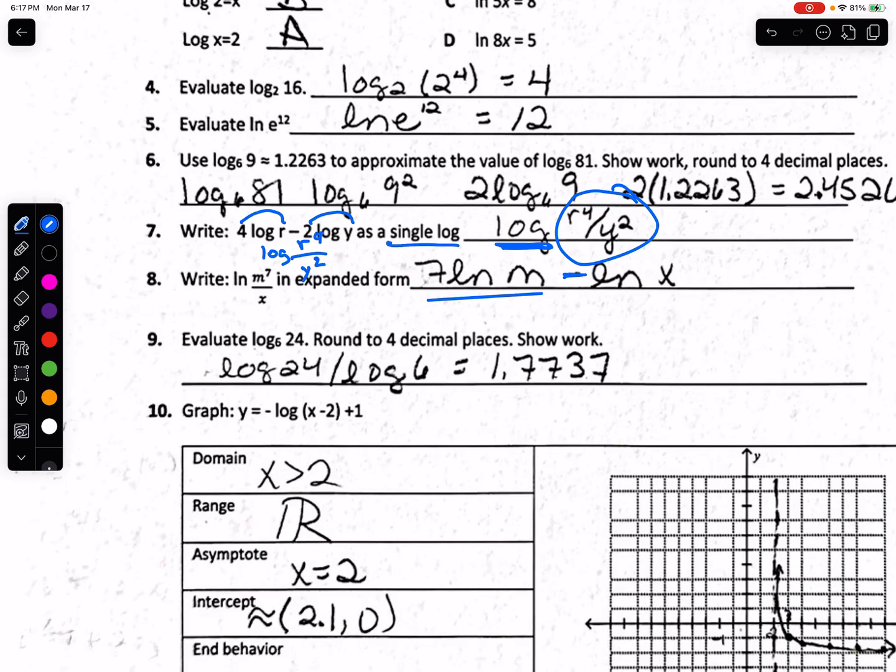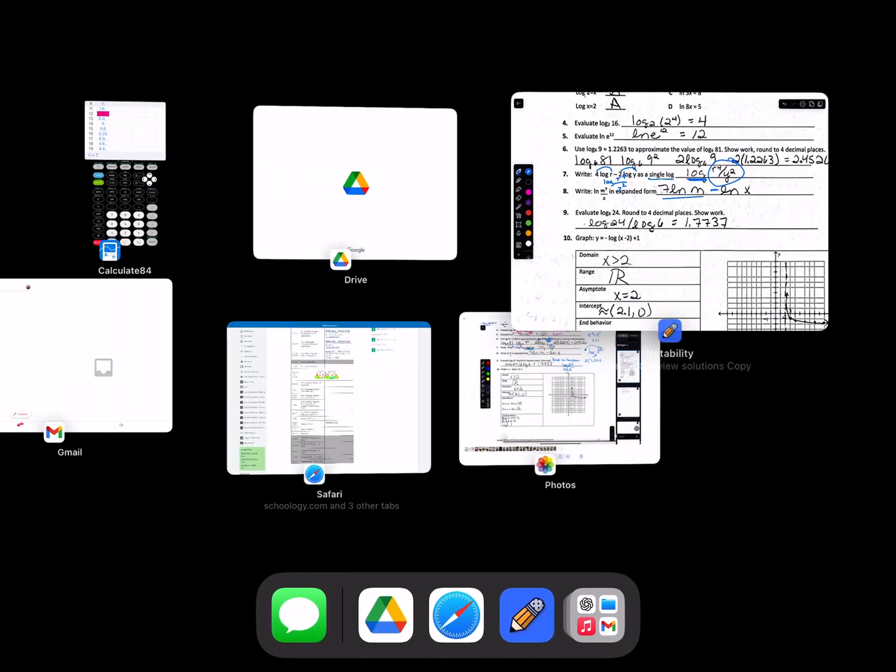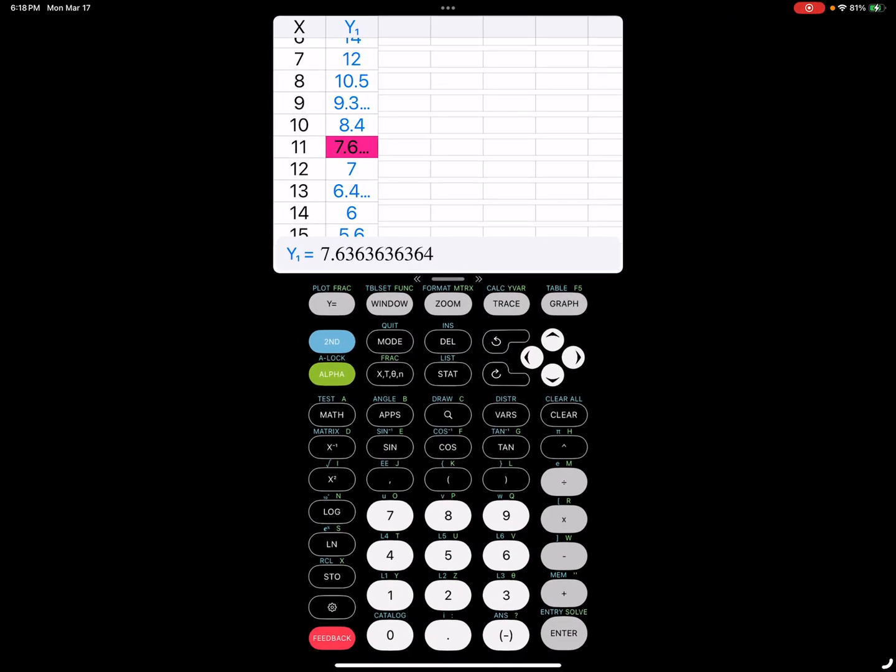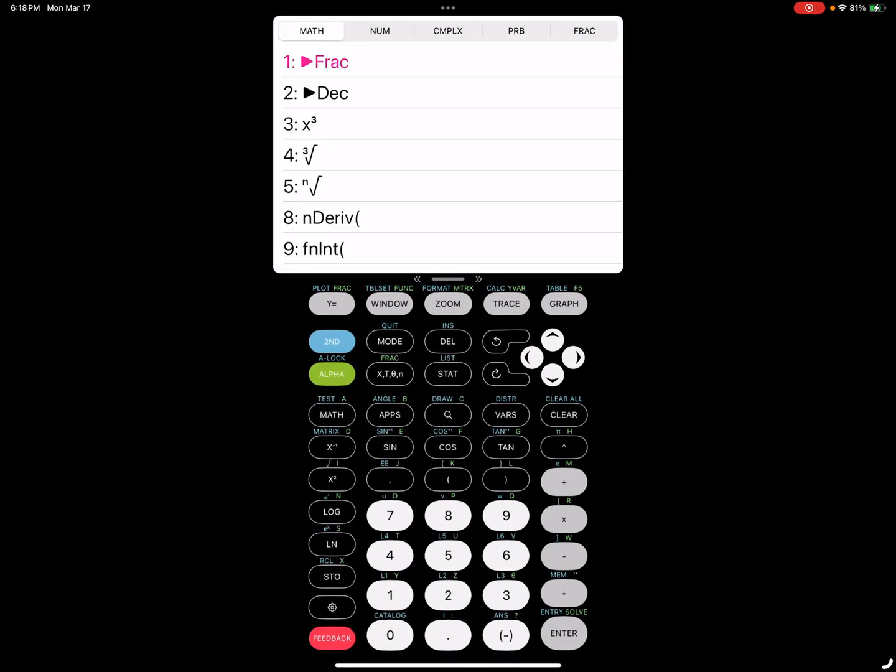We got to do a different thing. Yours does not even have it. Not cool. Might be worth even borrowing somebody's calculator.